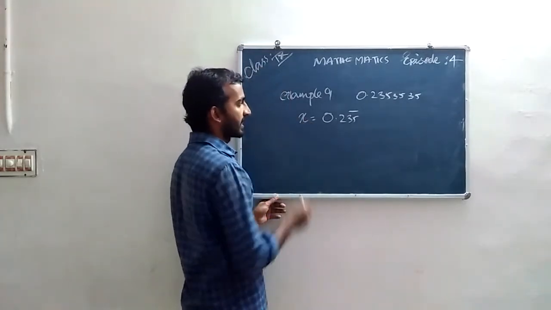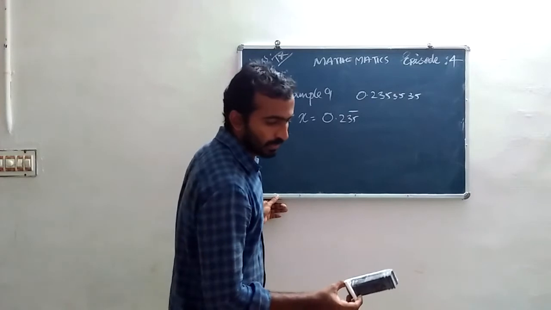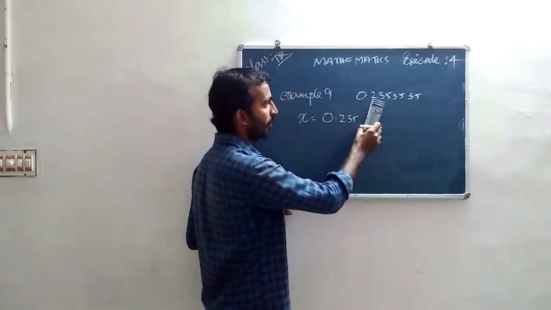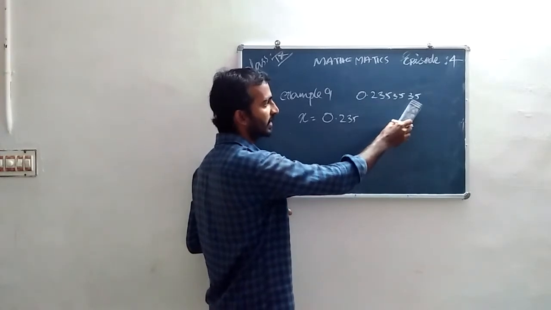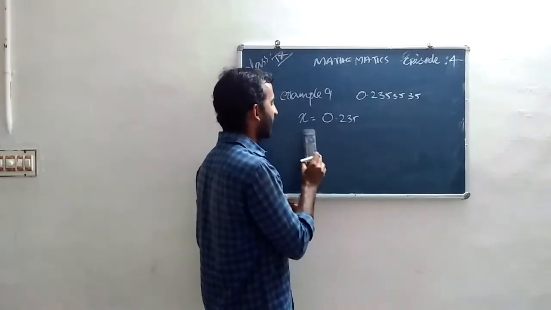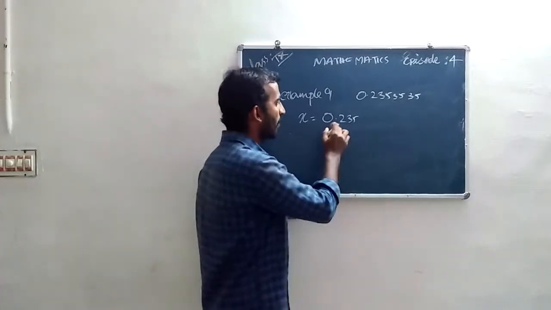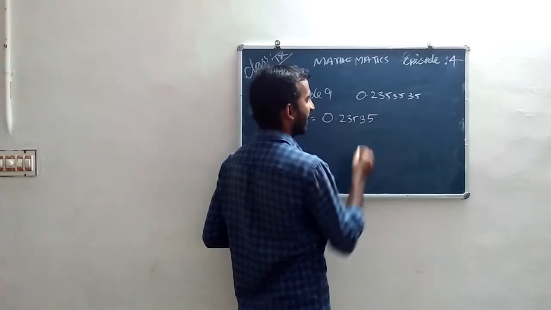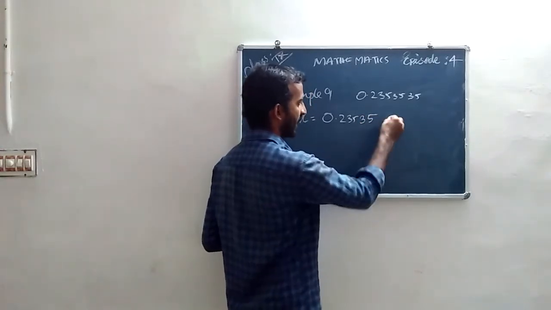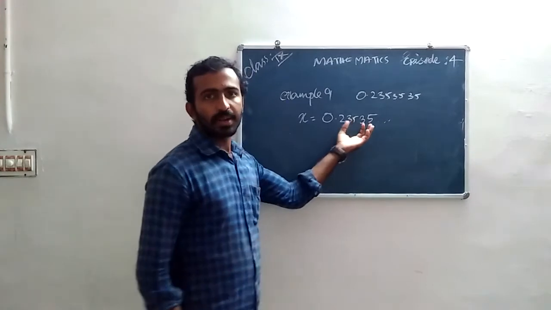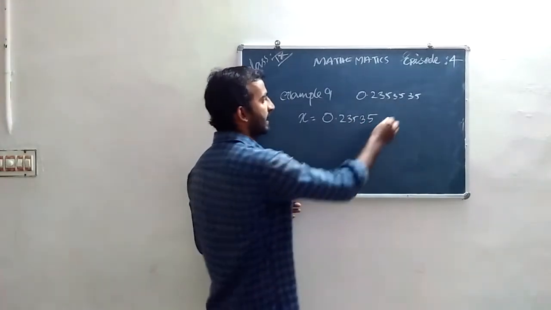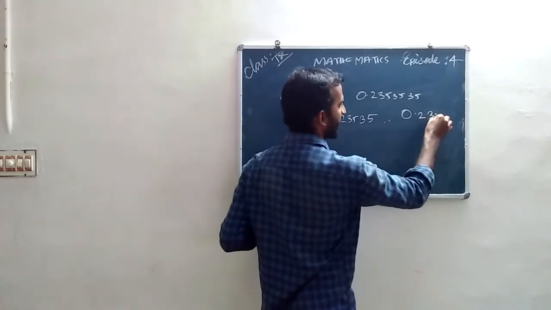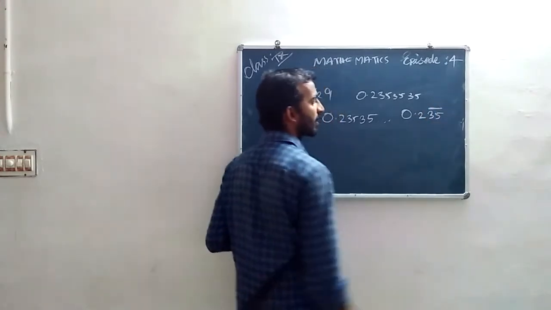We want to express 0.23535 etc. We consider x equal to 0.235 etc. Here two digits are repeating, so we can write 0.235 bar, where 3 and 5 are repeating.